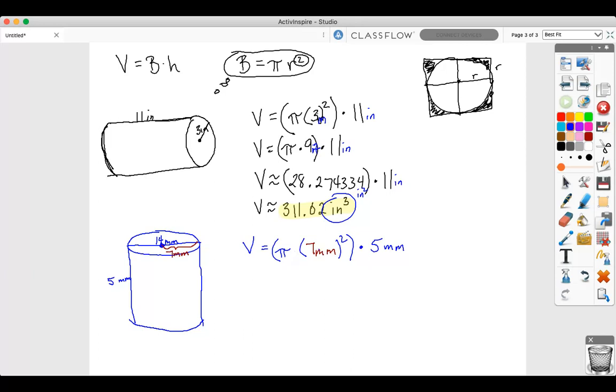Okay, so this 7 millimeters is your radius. Now here this is going to be pi. If you take 7 millimeters and square it, 7 times 7 is 49. Millimeters times millimeters is millimeters squared times 5 millimeters.